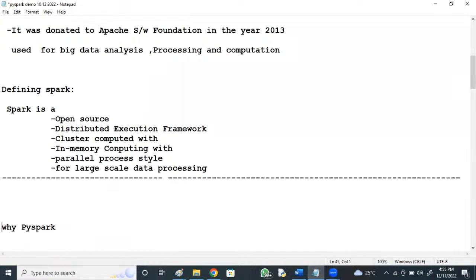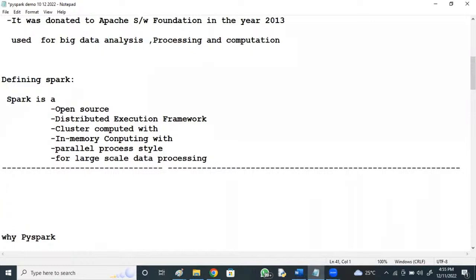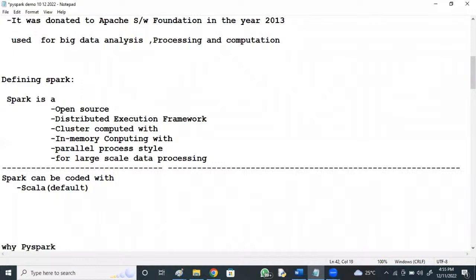Spark can be coded with different languages. Scala by default. But as compared to Scala, today Python has many built-in libraries, especially for graph algorithms, machine learning, and recursive algorithms.